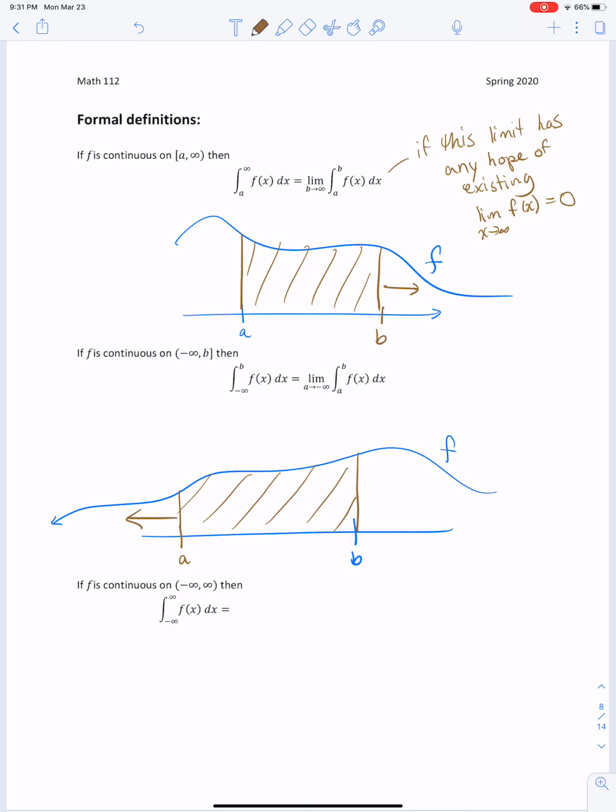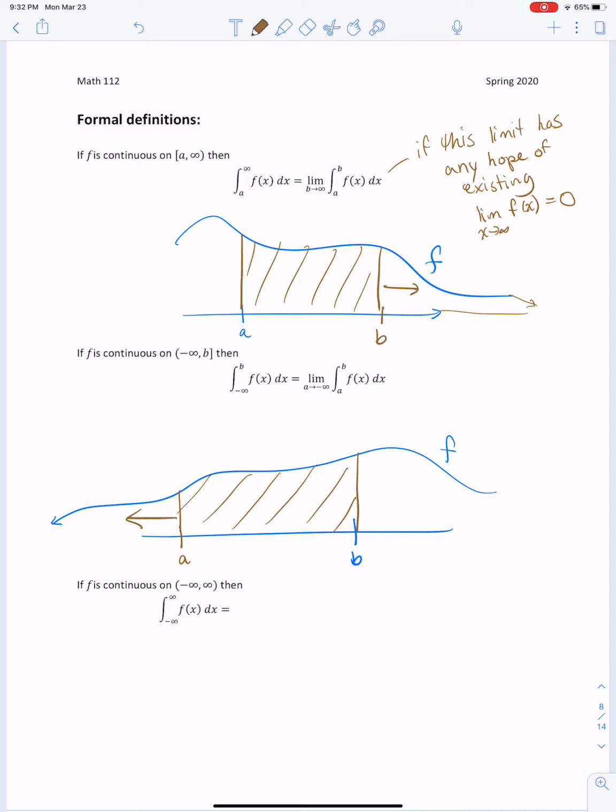In other words, this function has to be getting closer and closer to 0. If it doesn't get close to 0 and stay close to 0, then this area is not going to be a well-defined finite number.